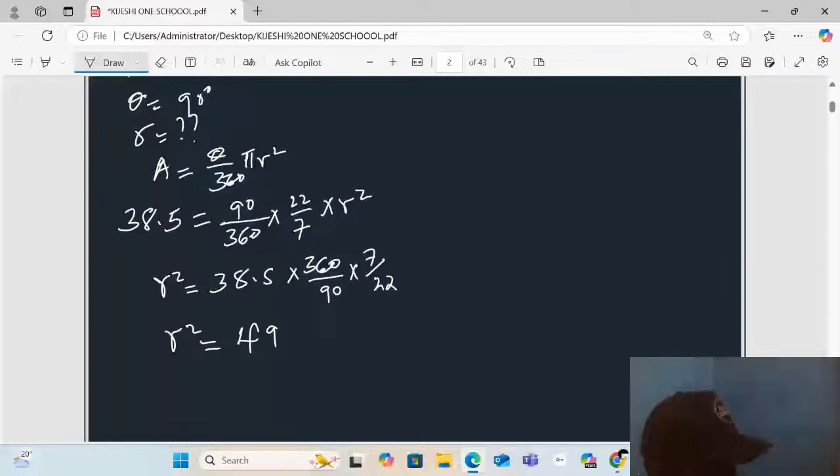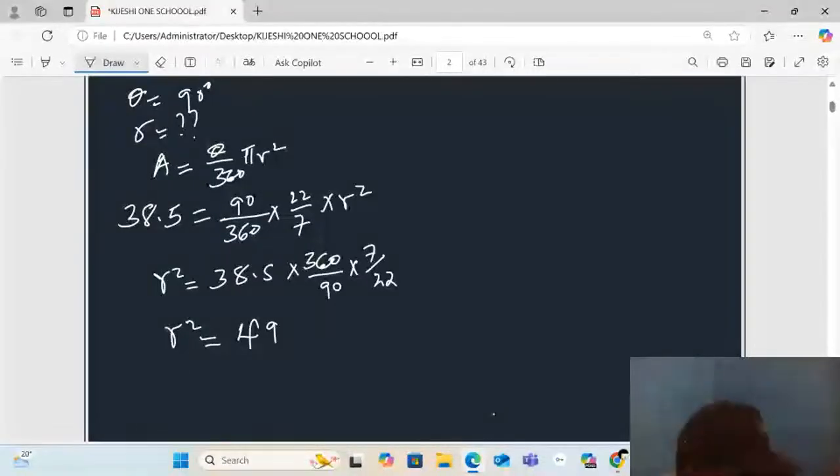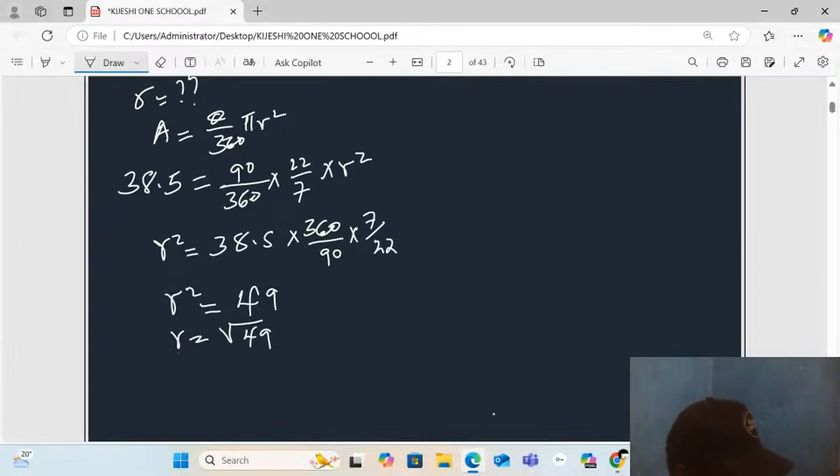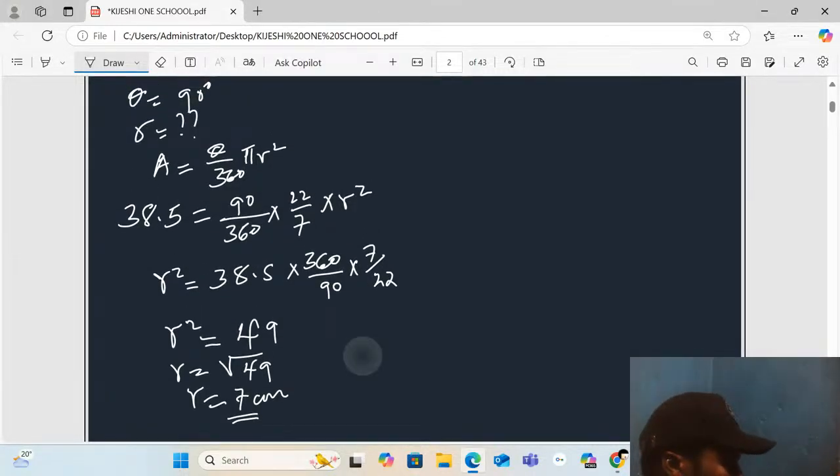So having r squared as 49, we can find the value of r, and the value of r will be the square root of 49. The square root of 49 is 7. So we shall have our radius as 7 centimeters.